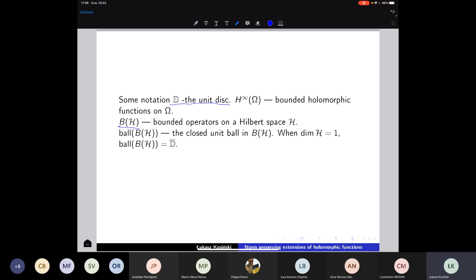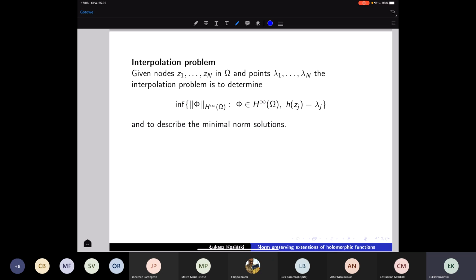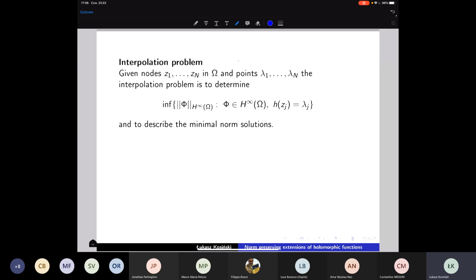So B of H stands for bounded operators on a Hilbert space H. And by ball of B of H, I will just denote the closed unit ball. So particularly, when the dimension of H is equal to 1, then this ball is just the closed unit disk.